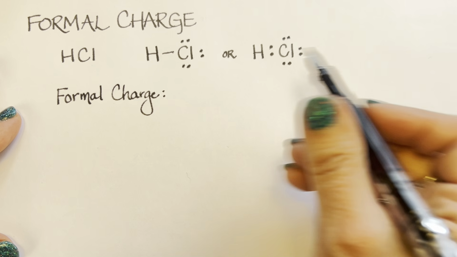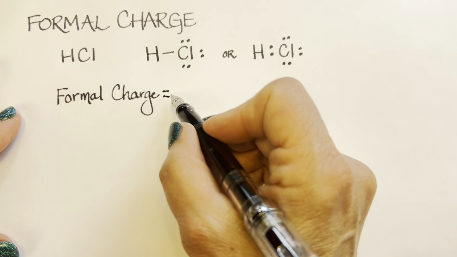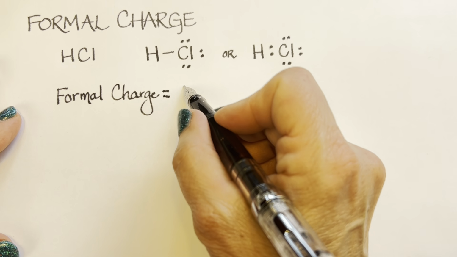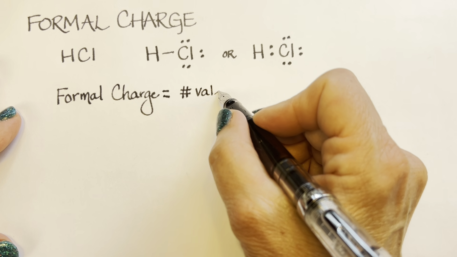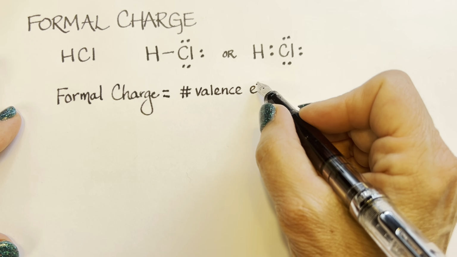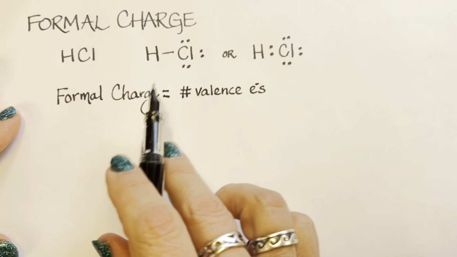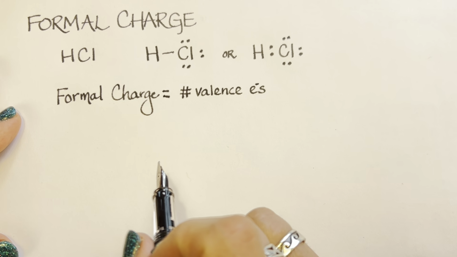is, in fact, I'll make this equals 2 because this is going to be a calculation, all right, where we will take the number of valence electrons. When we're calculating the formal charge, it is for each atom in a molecule.